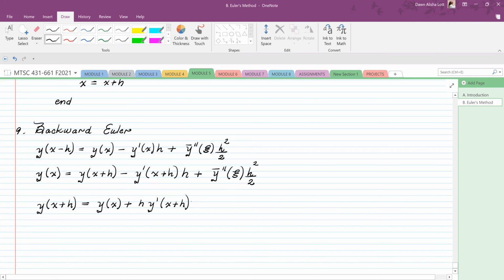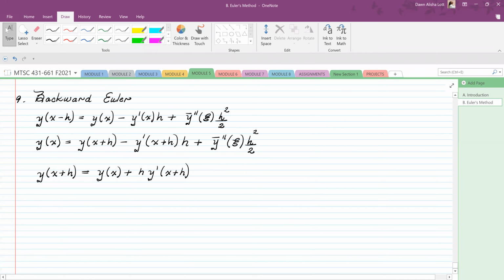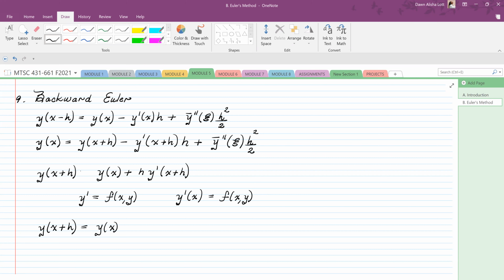Now we know that y prime is equal to f of x and y. So this is y prime at x is equal to f at x and y. So this now says that y of x plus h is equal to y at x. This is approximate. I threw away the error.